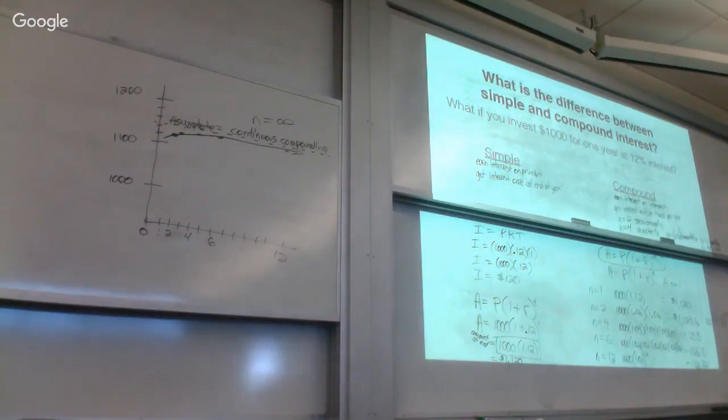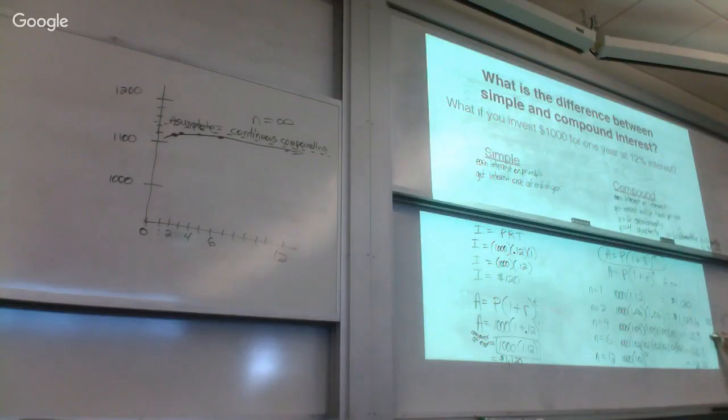And what's 0.12 divided by 2? That's the 0.06 that we mentioned. And how many times am I going to have 1.06? Twice, which is 1.06 times 1.06. So the formula matches up with the conceptual of what we were even doing.